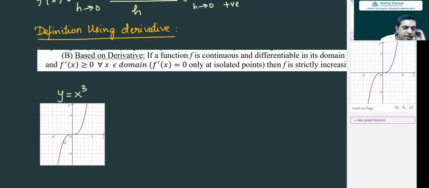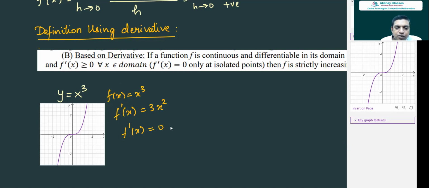So this is the function f of x equal to x cube. The derivative is 3x square, and the derivative becomes 0 only at x equal to 0 and nowhere else.